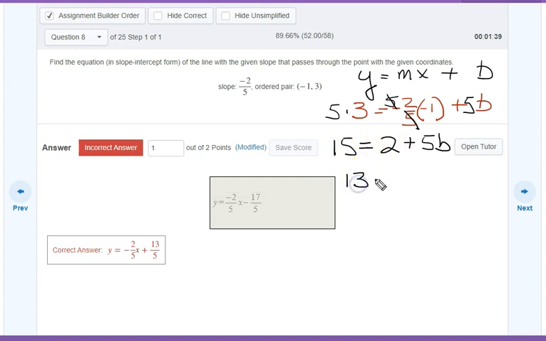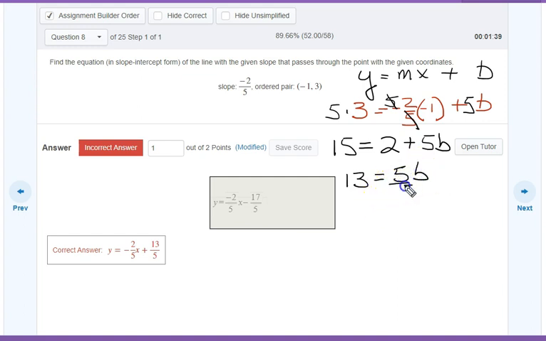This gives me, let's see here. I got the right signs? Yes, I do. So this is 13, and this is where the other person messed up a little bit, because I see they had this one incorrect. So it's 5b.